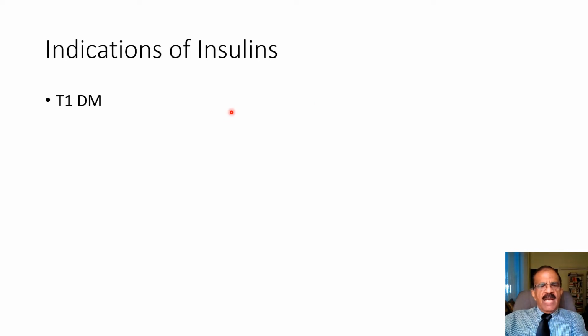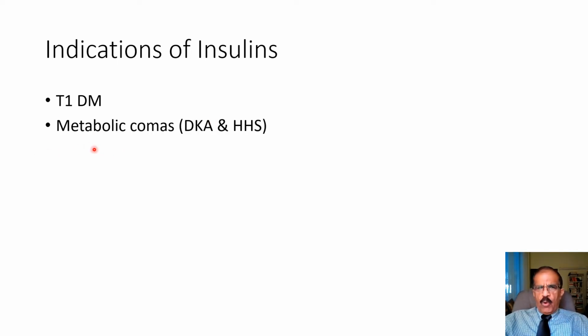Indications of insulin: I think all type 1 diabetes patients should be started on insulin, because if you do not do that, they would go into DKA and would die. Any patient with metabolic coma, even a type 2 diabetic patient, can develop DKA and hyperglycemic hyperosmolar state.